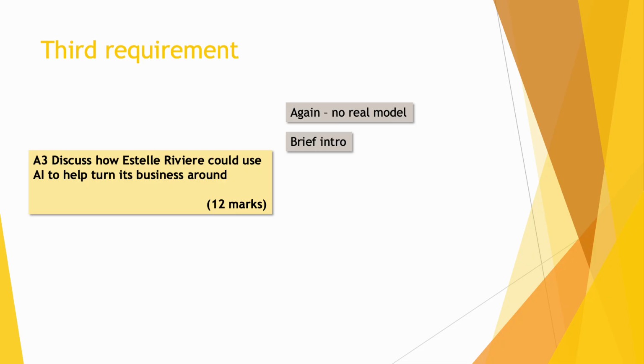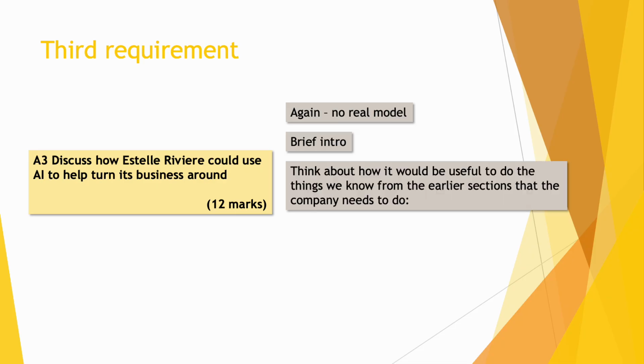What I would say though is read the question carefully. What it's asking you is, how could it use AI to help turn its business around? Now, we know what it needs to do. We know the things that are important to this company from the analysis we've already done. So really what we're trying to do is bring that concept in. So we know that to turn the business around, it needs to develop new products.